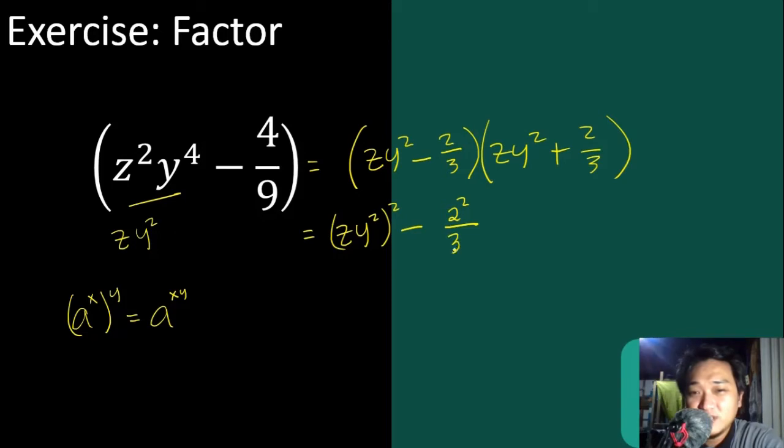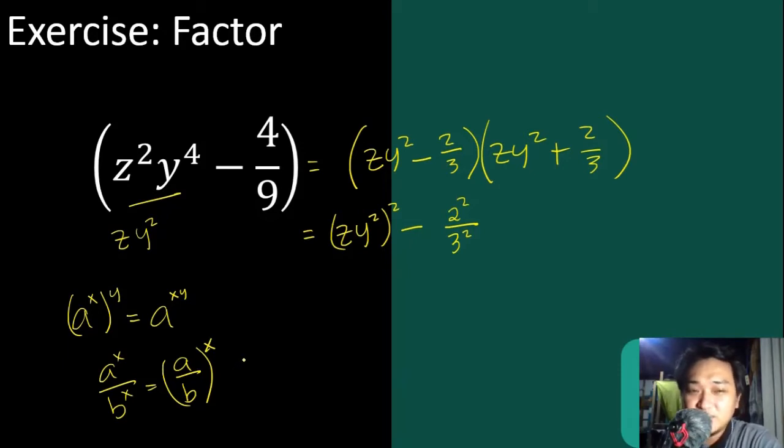That will be 3 squared. And meron tayong property nung grade 7 that if you have a raised to x over b raised to x, that is the same as the quantity a over b raised to x. So meron tayong ganyang property nung grade 7 tayo.